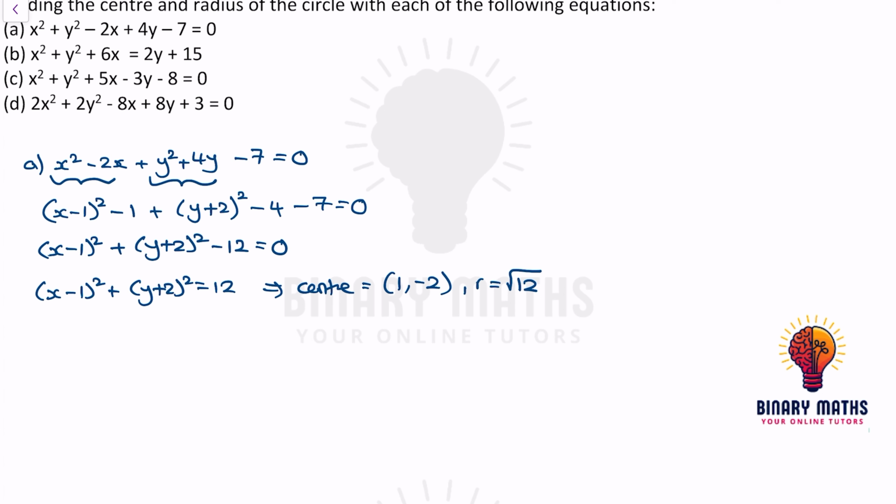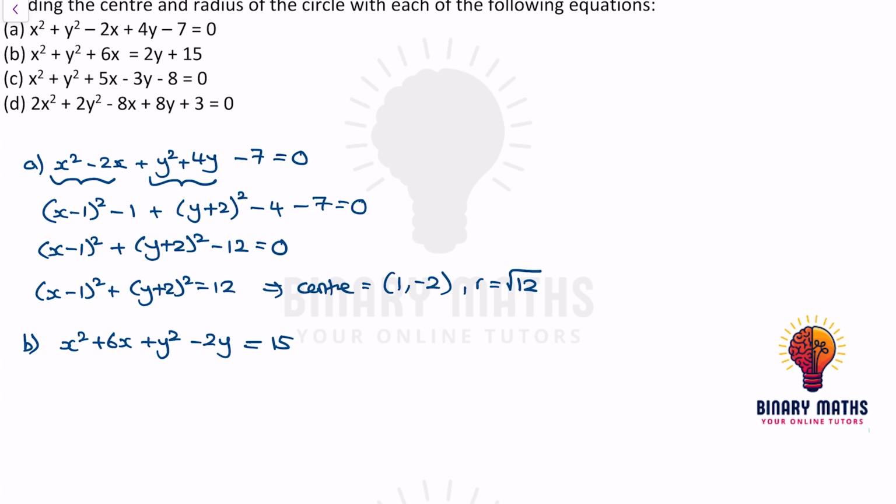Okay, let's do B. Again, collect all the x's together. With the second example, let's get everything to one side and leave the constant on the right hand side. If I take the 2y to the left hand side, I get x² + 6x + y² - 2y, and leave the 15 on the other side, because obviously we want r squared, the constant, on the right hand side anyway.